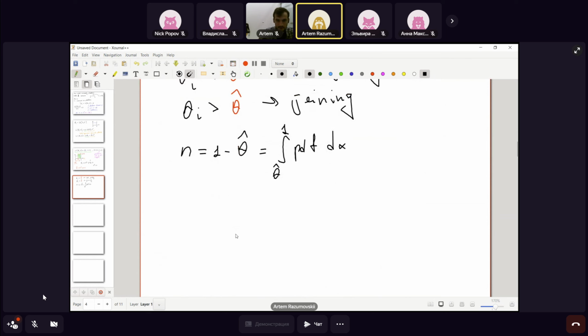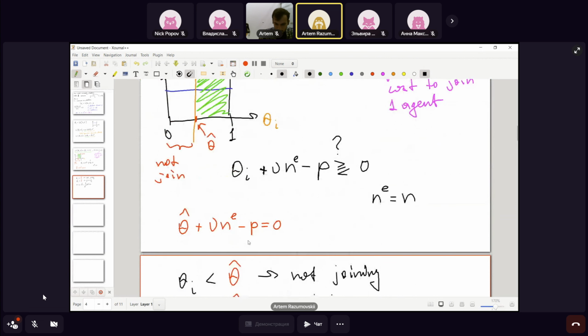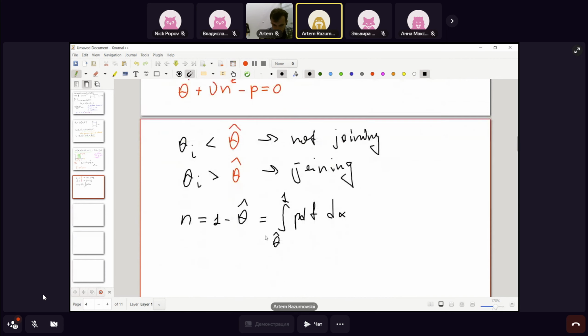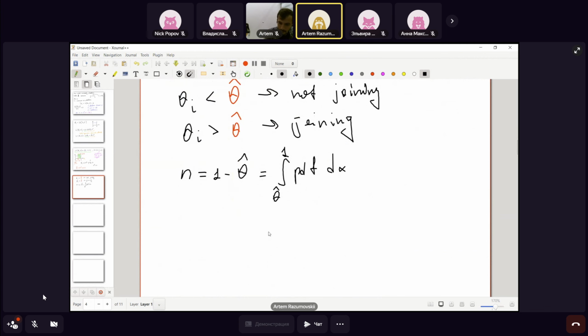So then we can substitute it in our equation and find theta hat.